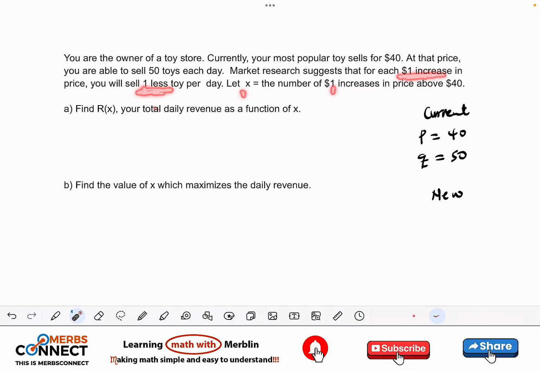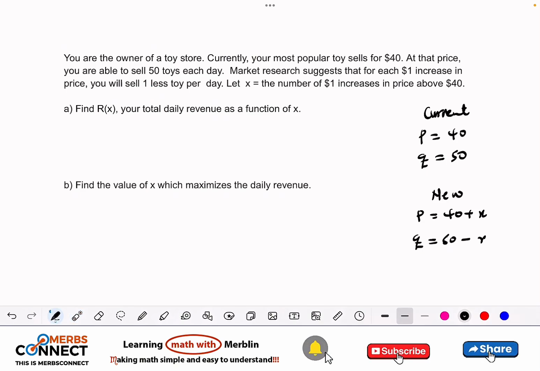And X is the number of dollars that we are going to increase. So our new price is going to be 40 plus X, but our new quantity is going to be 50 minus 1 times the X, which is just X, or 1X. So this will be the new quantity.